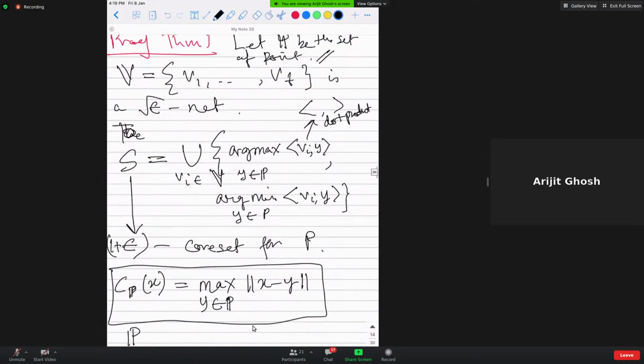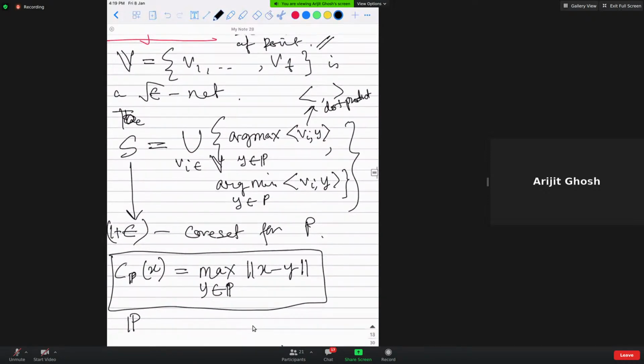I can maintain this over a data stream for each Vi. And how many Vi's do we have? It's 1 by square root epsilon to the power d minus 1. So the log term is actually not required. For the minimum enclosing ball problem, this log term won't be required. So that's the interesting thing about this result.